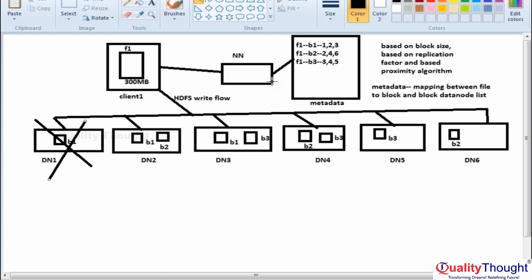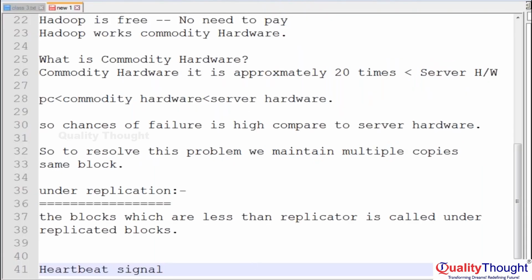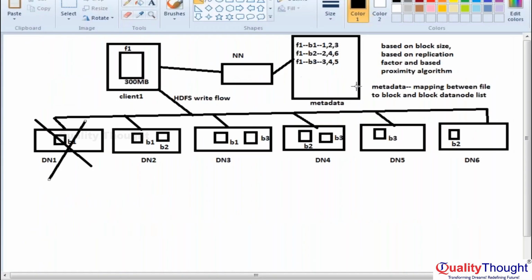This heartbeat signal contains information. Next, the name node prepares metadata and sends this information to the client. The client is responsible for writing data into the slave machines.